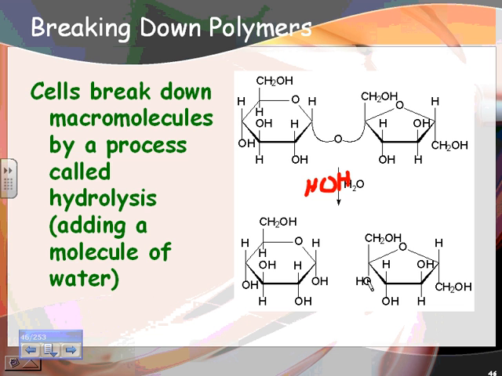If that O is this O, then you can add this H right to here, and you add this OH right to there, and all done. You've broken apart the molecule.